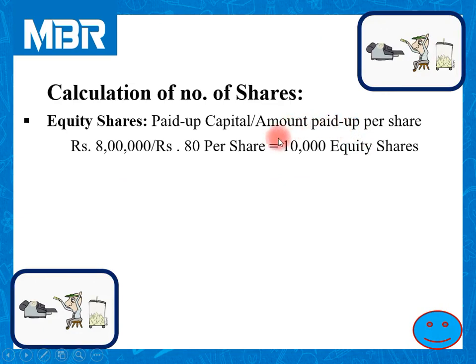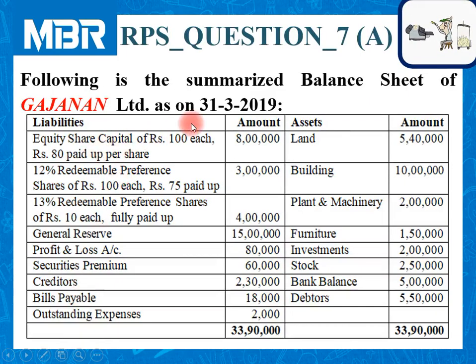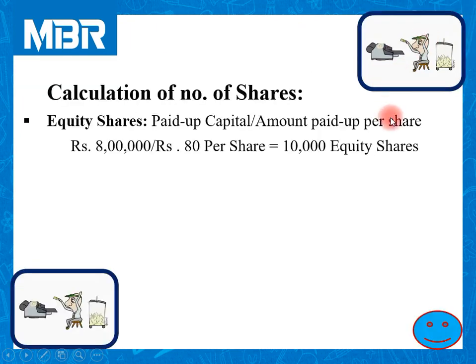Number of equity shares were 10,000. So per share that we have derived from this calculation, face value 100, paid up amount rupees 80. So per share 20, and number of shares that we have computed over here 10,000.